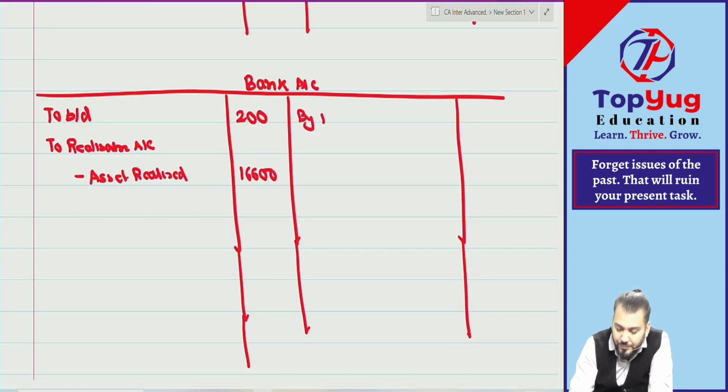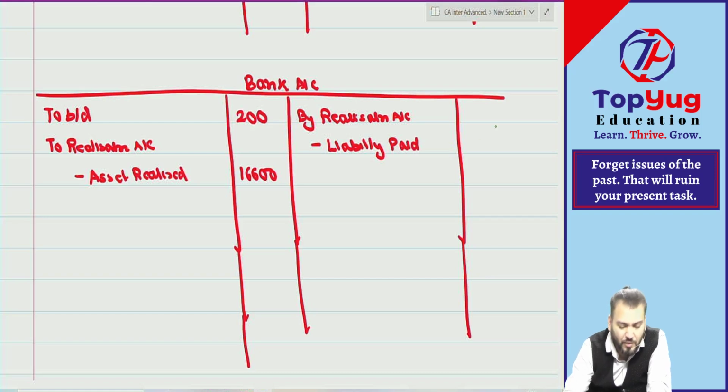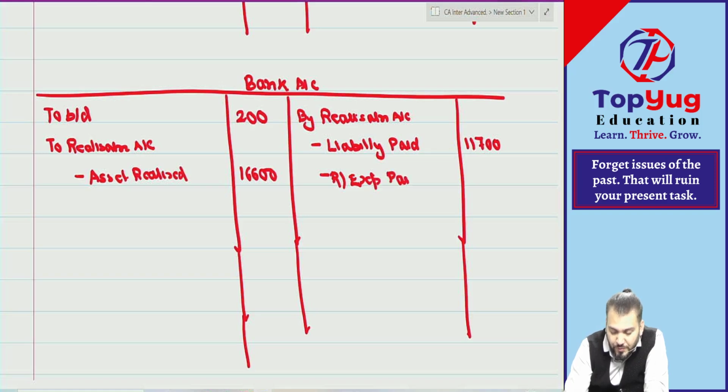And by realization account, how much liability paid? Now give me credit only. How much? 11,700. And how much realization expense paid? 1,500.